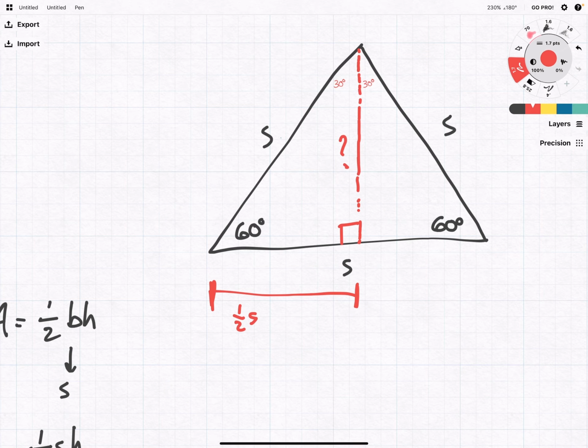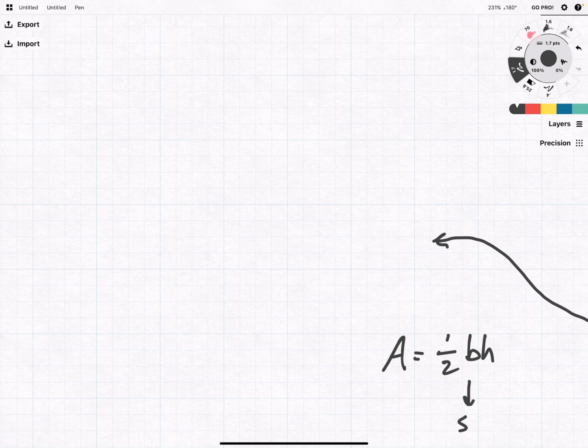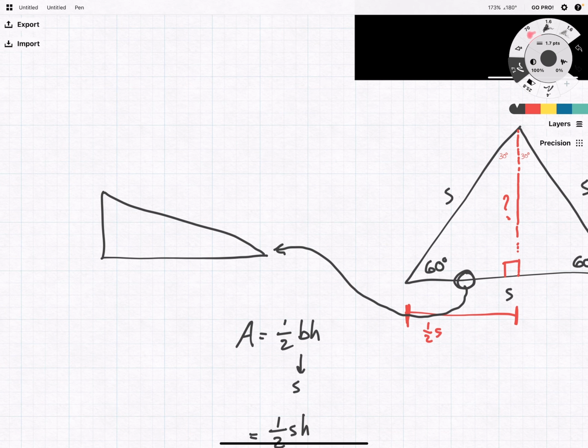Now imagine we took this part of the triangle, pulled it out and rotated it over here, and we now have the triangle like this. So we've got 30 degrees here, 90 degrees, 60 degrees. Side length s, side length 1/2 s, and some mystery side.